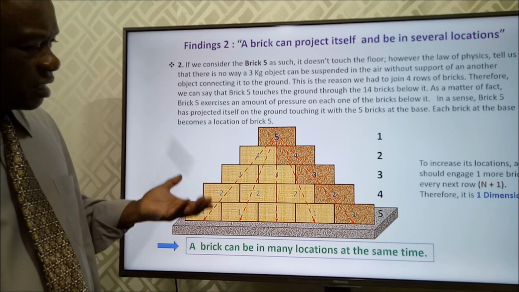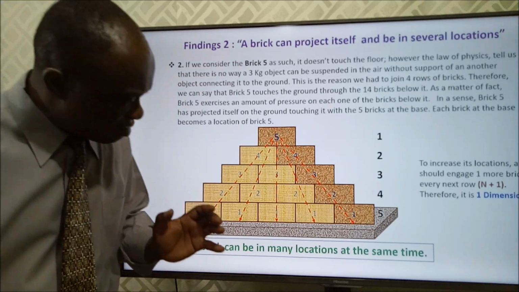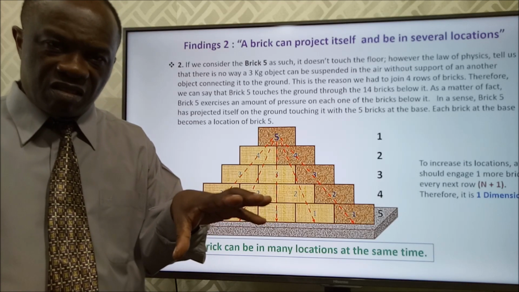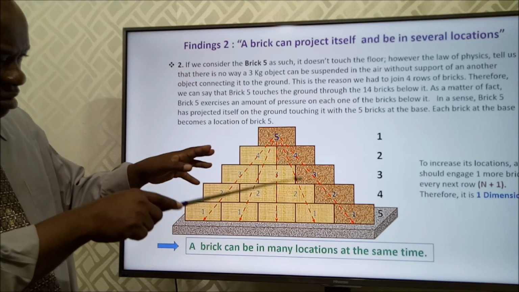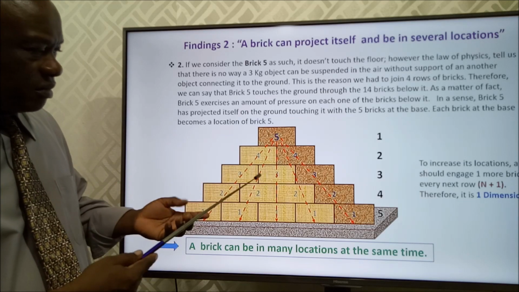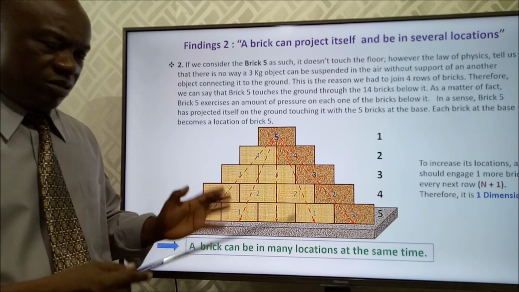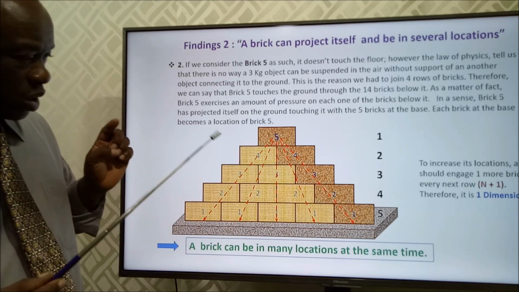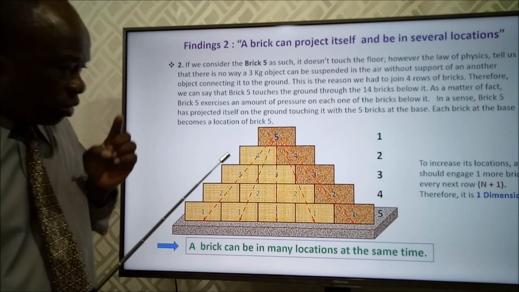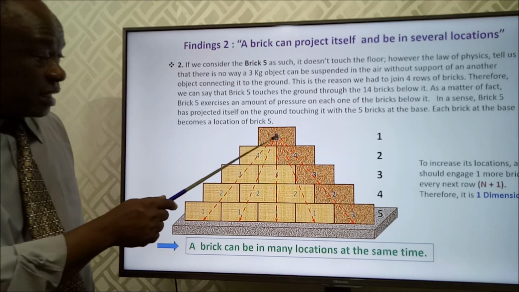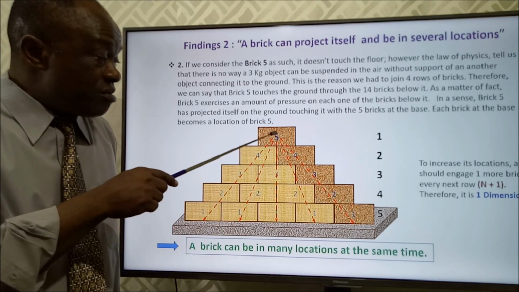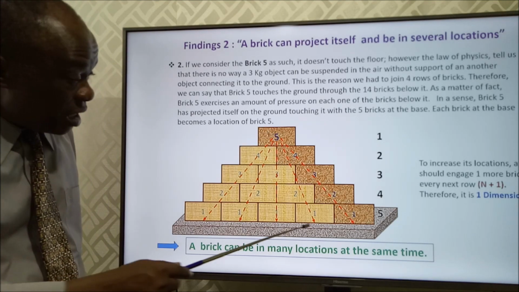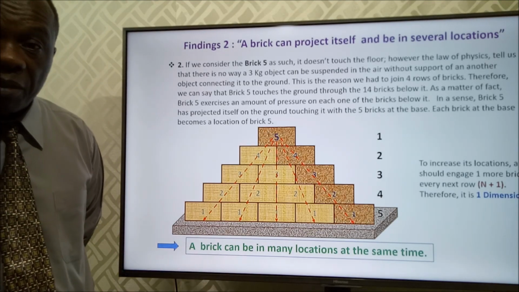So what we are interested in here is how many locations. We are not interested so much in this energy, whatever. It will come maybe in the future. But right now, what we want to see is the fact that this brick can be in many locations at the same time.